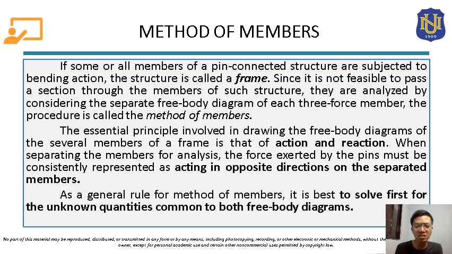Also, as a general rule for method of members, it is best to solve first for the unknown quantities common to both free body diagrams. So we are going to solve first for the unknown forces that are common to one free body diagram and another.